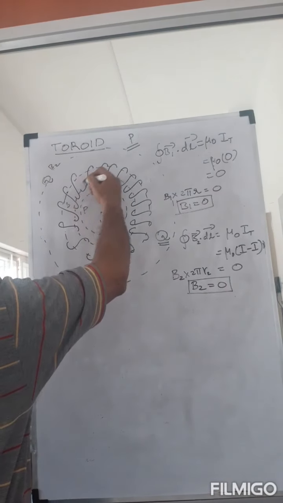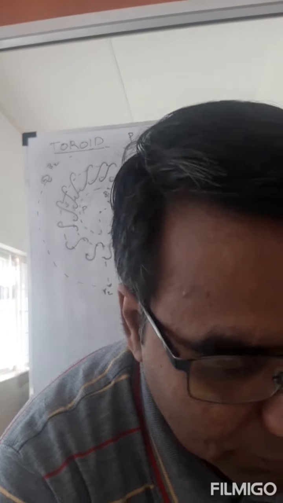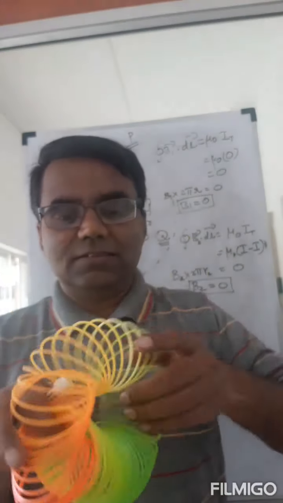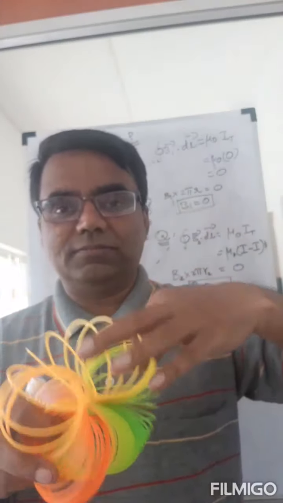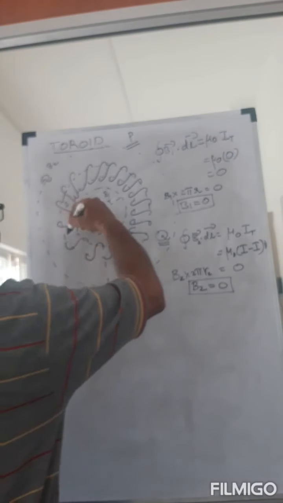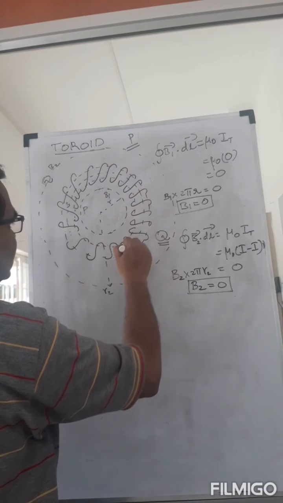But what about the region S, which is inside the toroid? Inside this toroid. How do we do that? Again, I'm going to come up with another surface here.